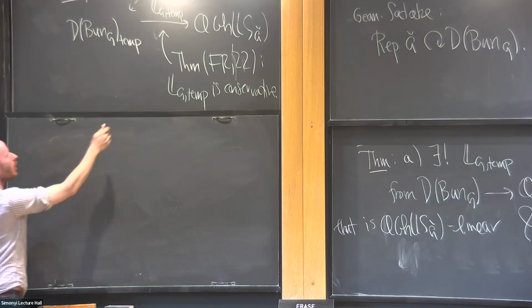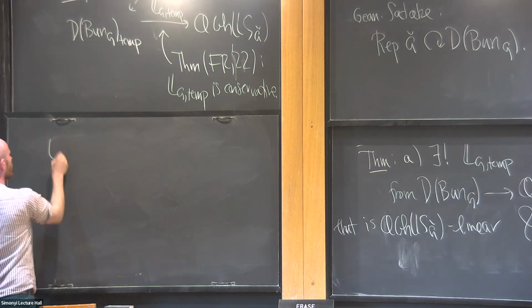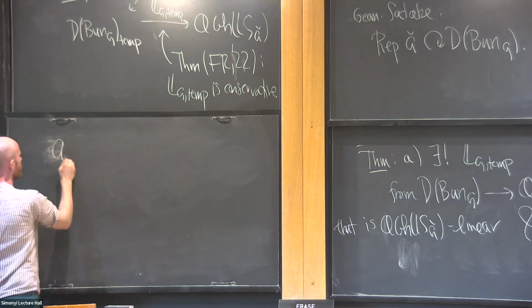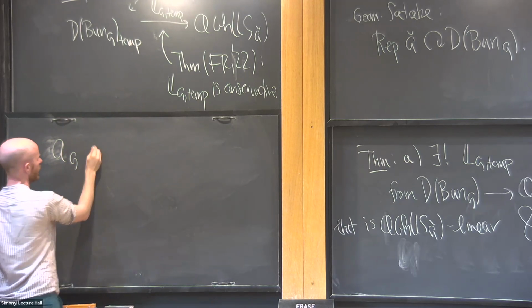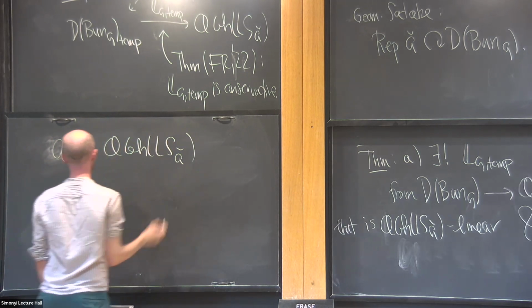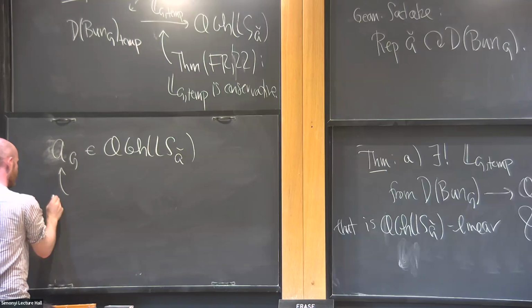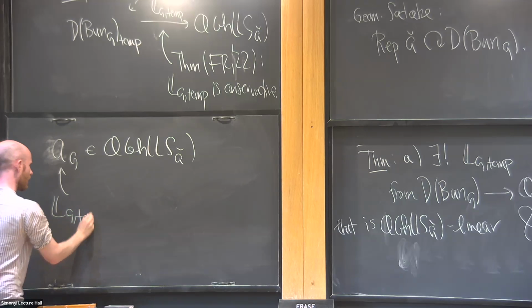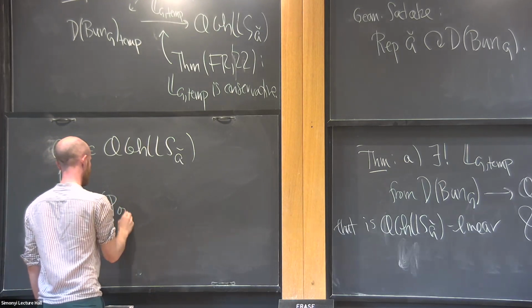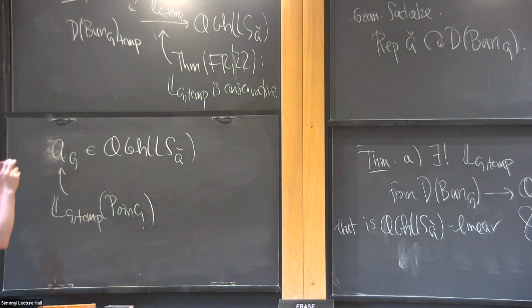So what you need to show when you have the situation of a conservative functor that has an adjoint, so what I'm going to do is introduce an object I'm going to call A_G, which is the quasi-coherent sheaf on the localization of G check. It's going to be by definition this LG temp applied to the Poincaré sheaf. So you should think of it as encoding somehow the Fourier modes of this delta at one of this Poincaré sheaf.